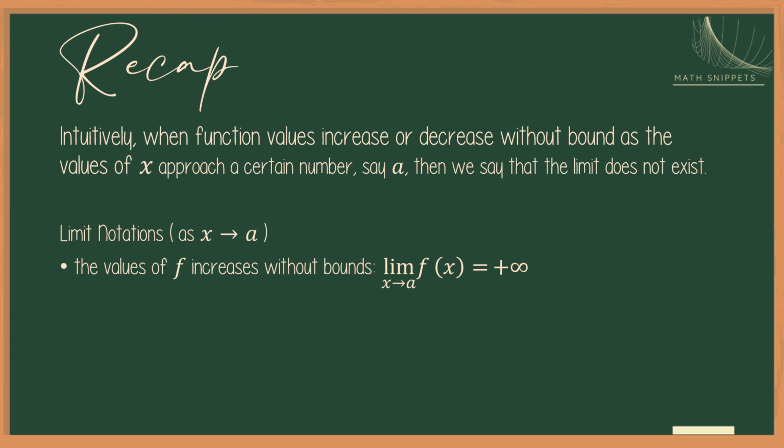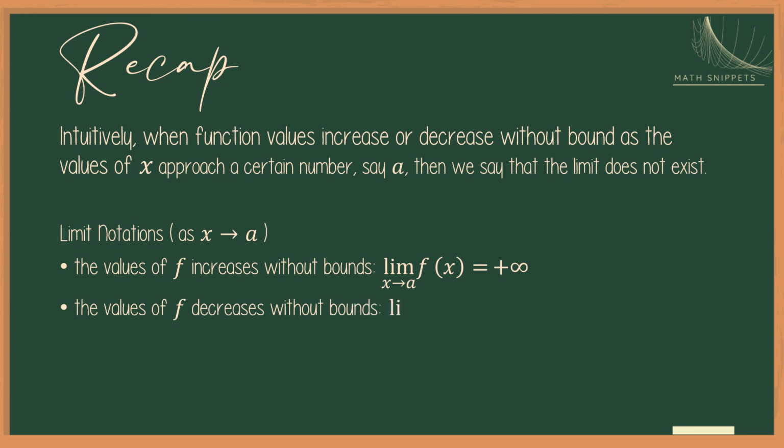But if the left-hand and the right-hand limits are not equal, like one is positive infinity and the other is negative infinity, then we say that the limit does not exist. This was shown in our first example earlier when we evaluated the limit as x approaches 4.